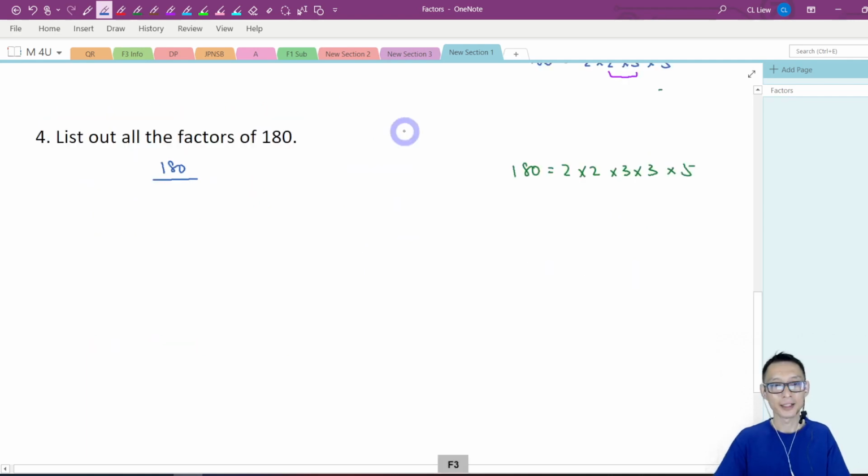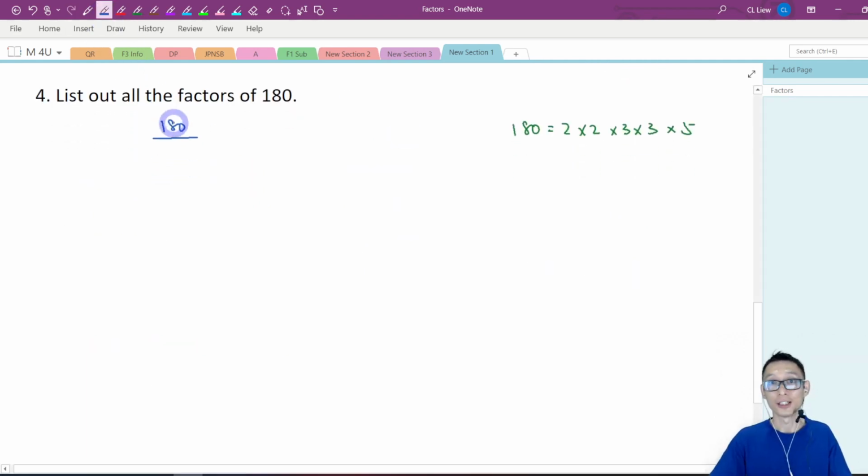Now let's list out all the factors of 180. Always start with 1: 1 times 180. Is 2 a factor of 180? Yes, 2 times 90. How about 3? Yes, you see 3 over here. 3 times 60. How about 4? Yes.